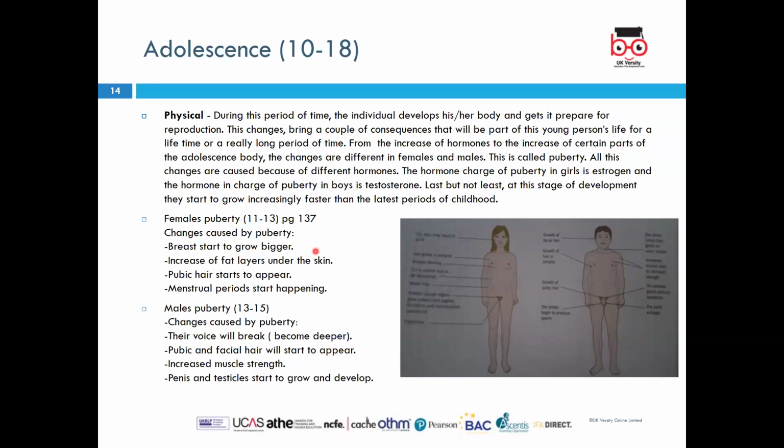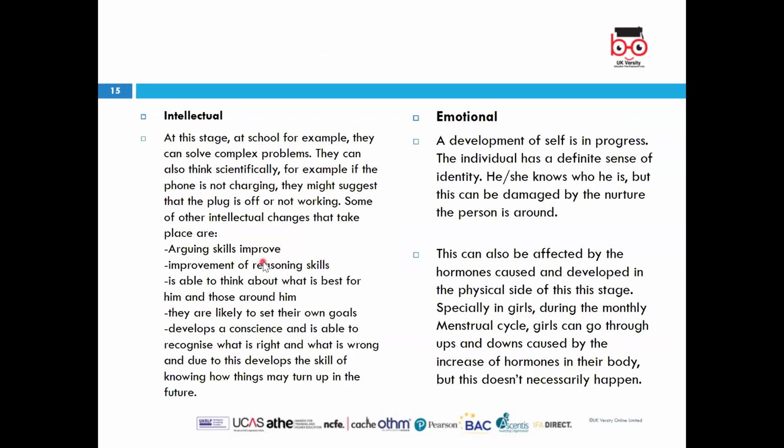For male, it's mostly 13 to 15 years. The changes may include their voice becoming heavier, becoming hoarser. Pubic and facial hair will start to appear. There's an increase in their muscle strength. Their penis and testicles start to grow. And this is all because of the sex hormones involved. So, estrogen for girls and testosterone for the boys.